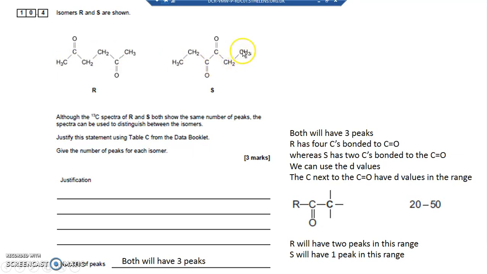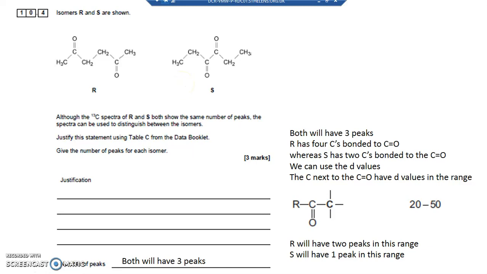These ones, I've got 2 CH3s, that's 1 peak, and I've got 2 equivalent CH2s. That will give a second peak, and I've got an integration pattern 6 to 4 again. So the number of peaks is 2. It's going to give 2 peaks because I've got 2 different hydrogen environments in both, and with an integration pattern of 6 to 4 in both cases. So that's not going to help me.